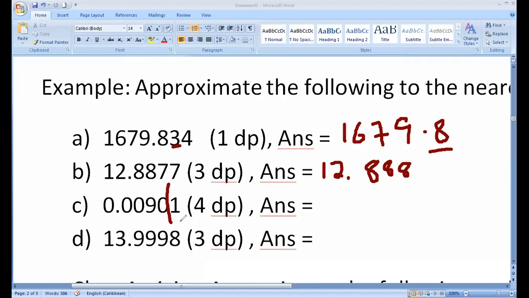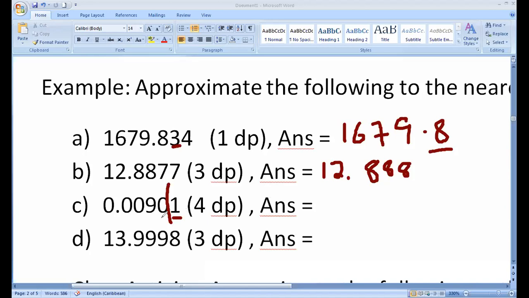So I go 4 places to the right, and then who do I examine? The number to the right. And that number is less than or equal to what? 5. So therefore, what do we do, class? We leave the number to the left. Remember, at the number to the left, we take action: either we add something to it or we just leave it alone.